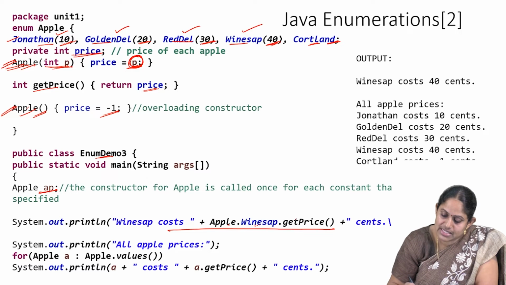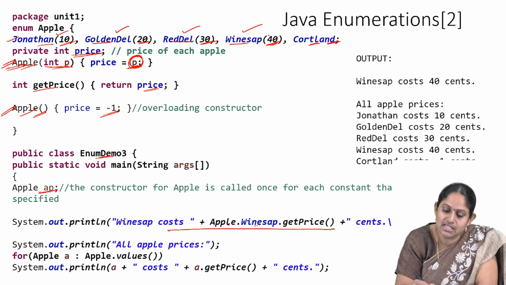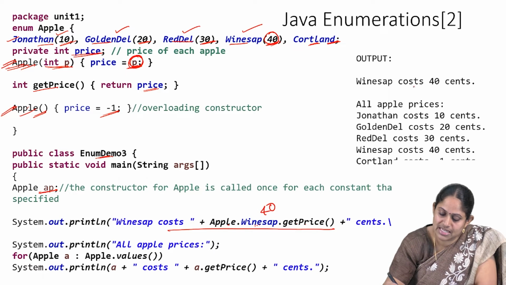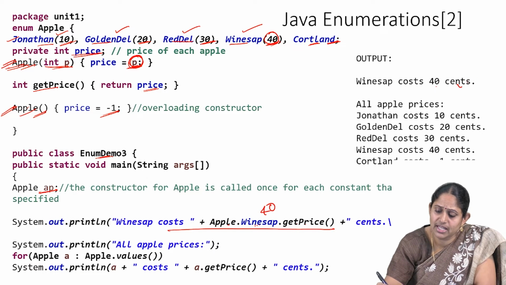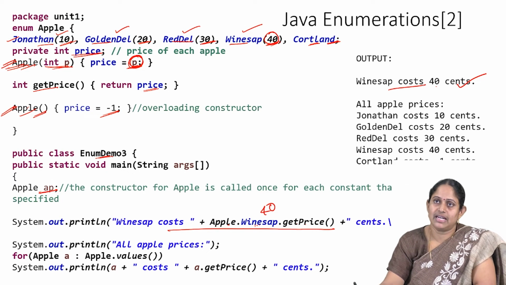So apple.winsap getPrice means this getPrice method will retrieve the price of Winsap, which is 40. That will be retrieved and displayed here. So we get the output Winsap costs 40 cents.